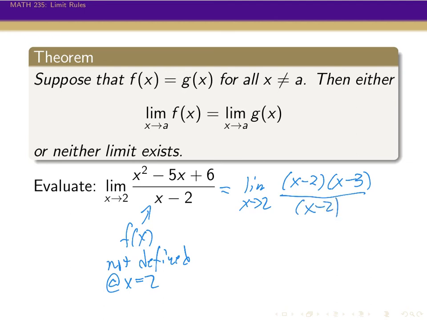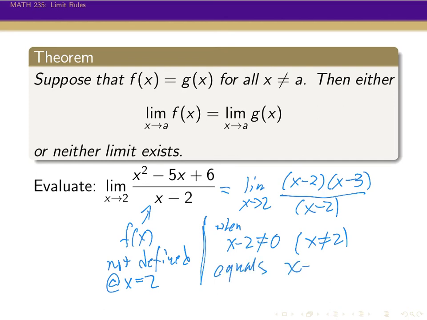Over x minus 2, right? So note that whenever x is not equal to 2, x minus 2 is not 0, and so then we're allowed to cancel out. So when x minus 2 is not equal to 0, and so that's when x is not equal to 2, then this equals just the function x minus 3, right?